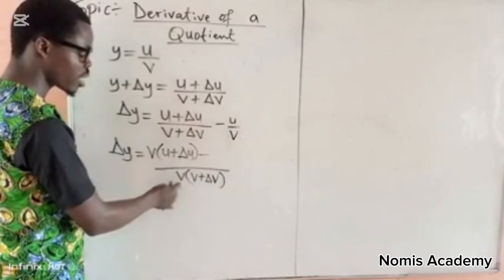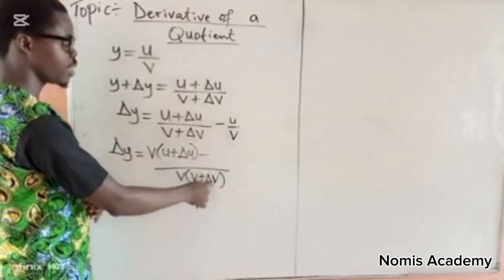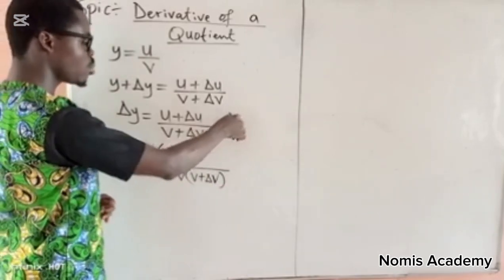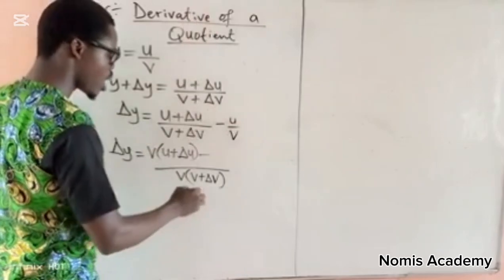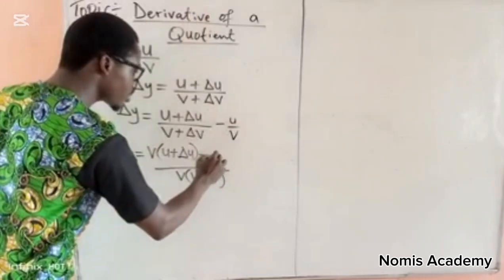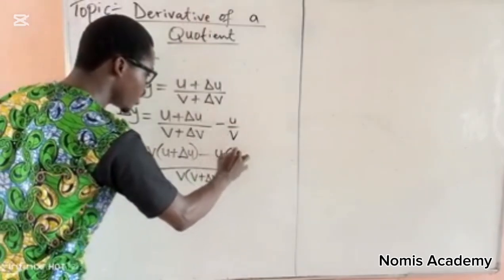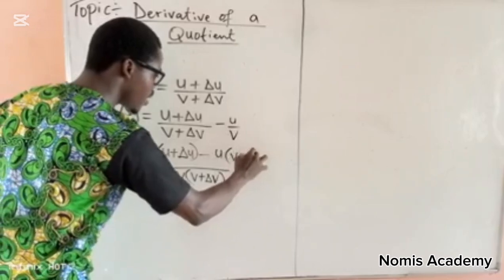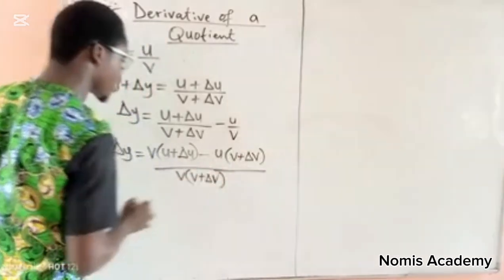And v will cancel out, and then we are left with v plus delta v, which will multiply u, the numerator. And that will be u into v plus delta v. Then we close the bracket.